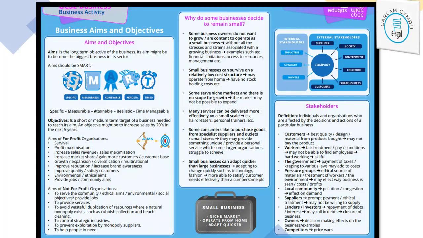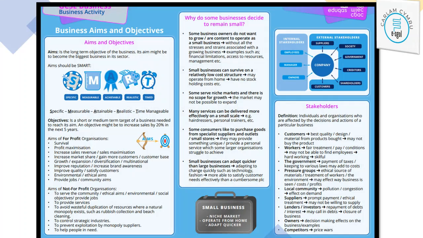The aims for non-profit, so businesses that don't really push for making profit, could be that they serve the community. There are ethical aims. Maybe they want to do something for the environment. They might want to provide a service.